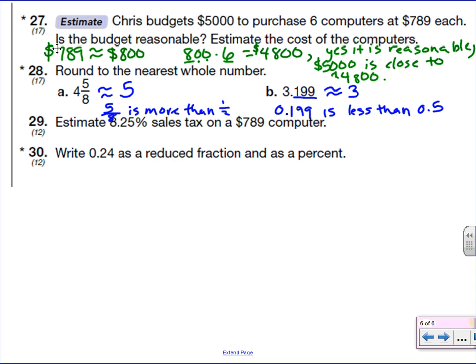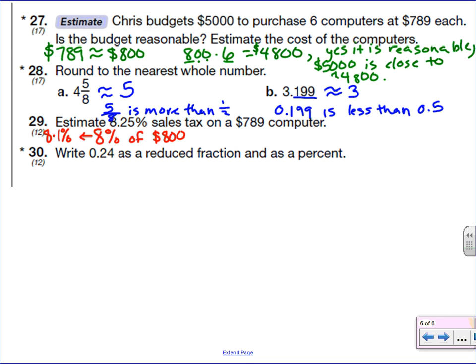Estimate 8.25% sales tax on a $789 computer. So I'm going to round the 8.25% to 8, and then $789 to $800. So what is 8% of $800? Well, one way that we can do that is to say that 8% is 8 times 1%.